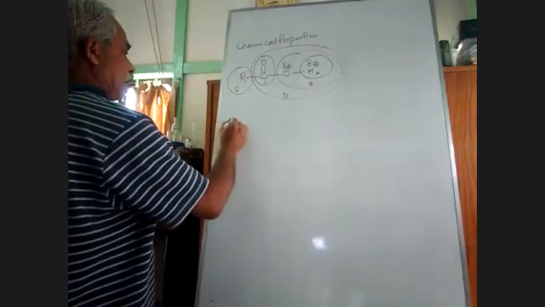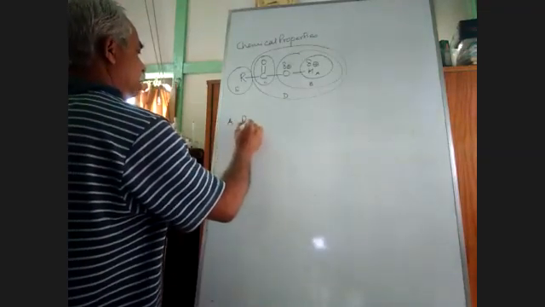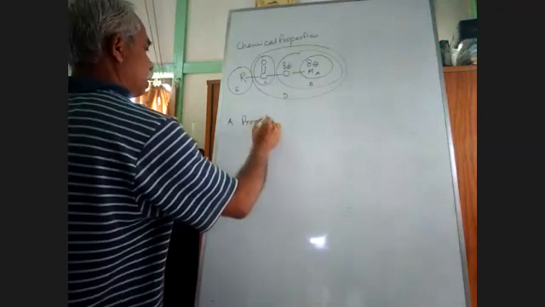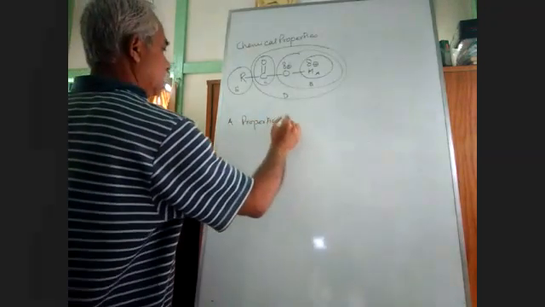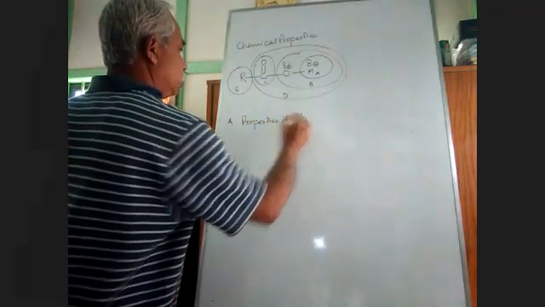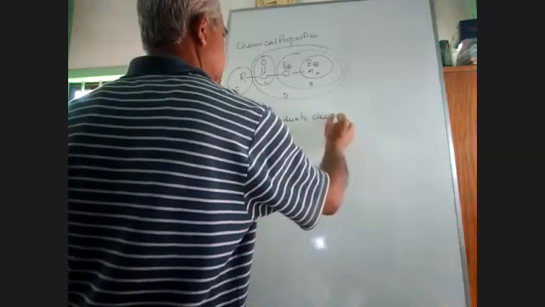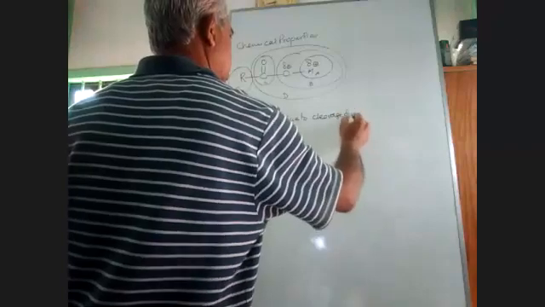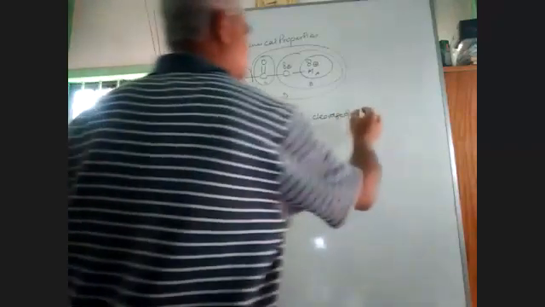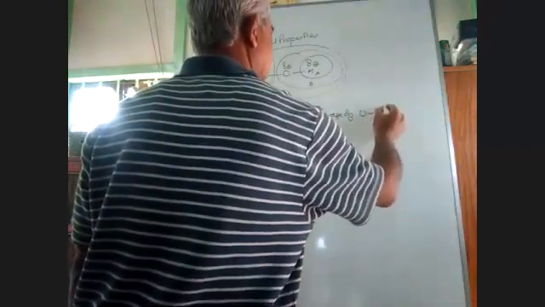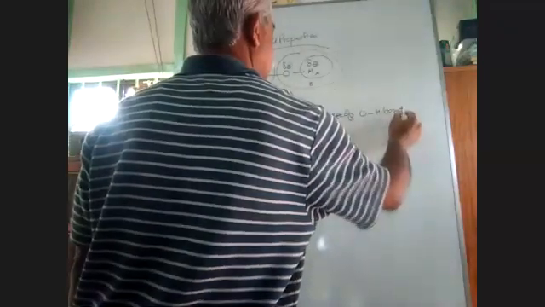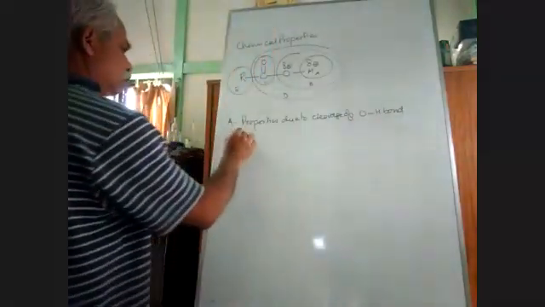So A, I'll write property due to cleavage of the oxygen hydrogen bond. But we know hydrogen will go out as H plus. So what will I write now?